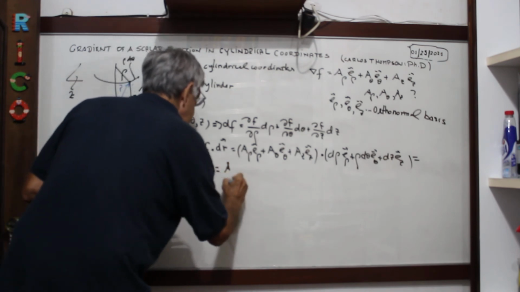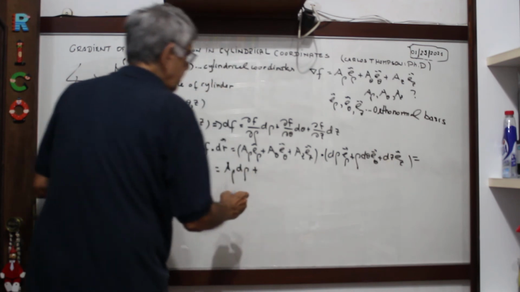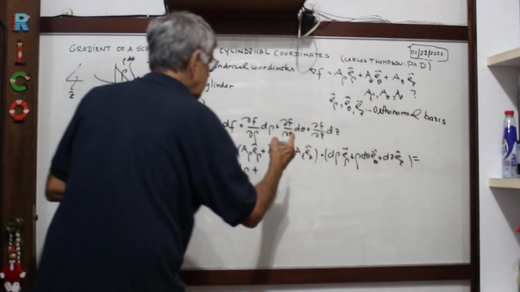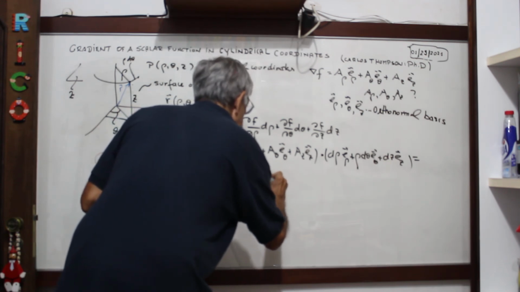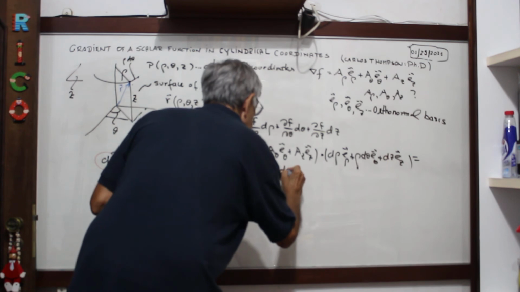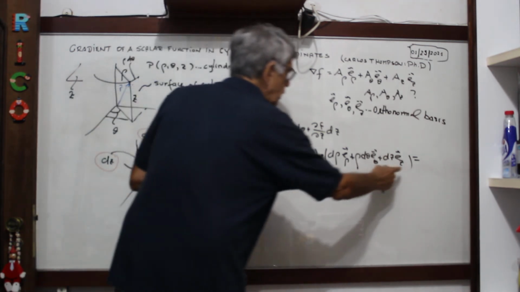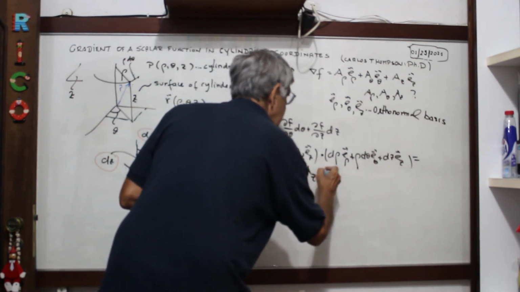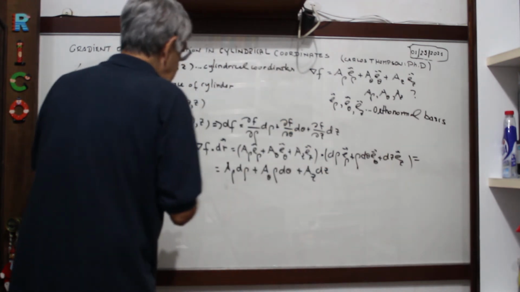I have a rho d rho, plus, now e theta dot e theta is 1, a theta rho d theta, plus, now e z dot e z is 1, a z dz.